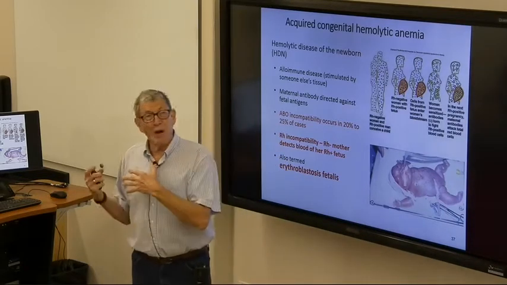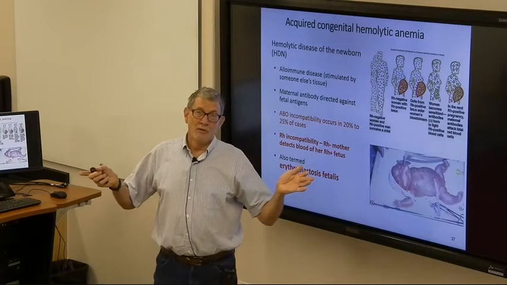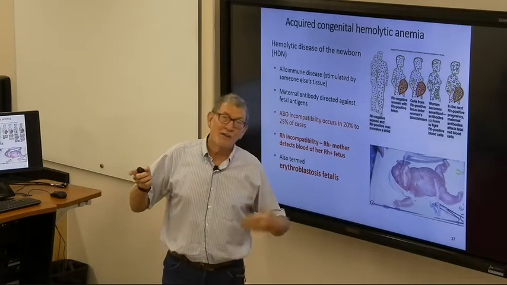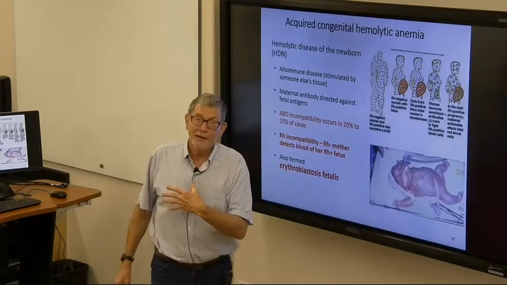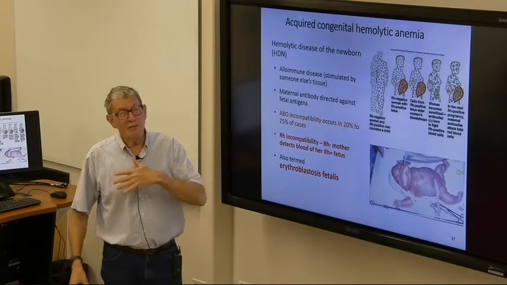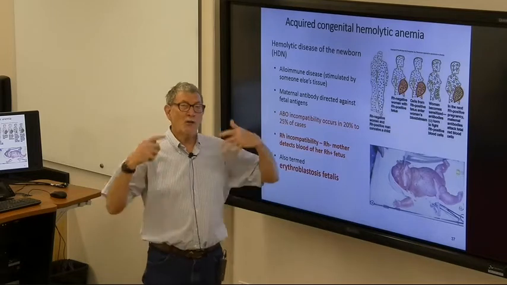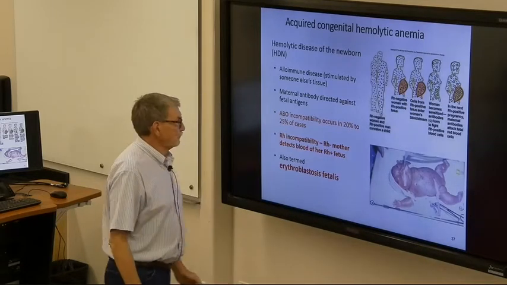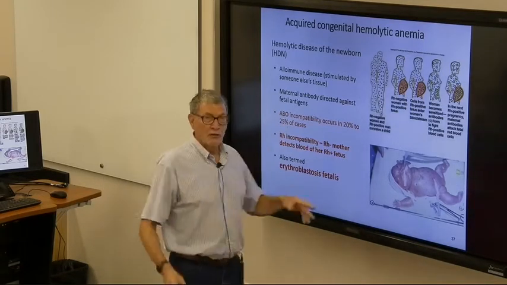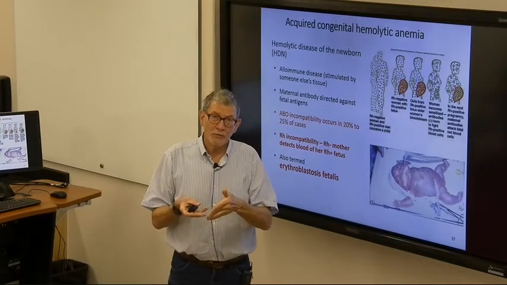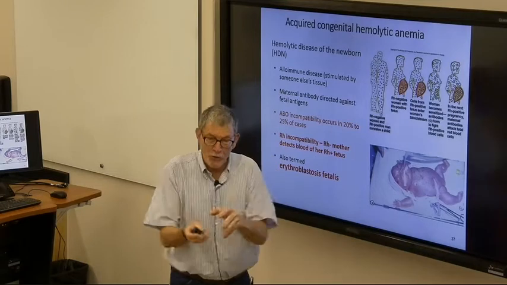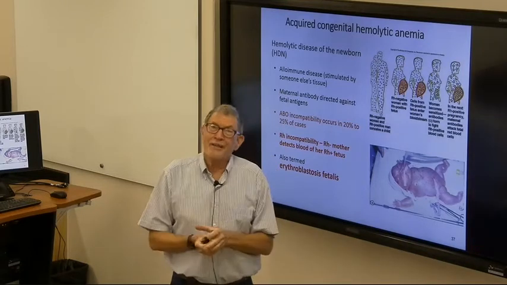If she's Rh positive, everything is cool. The baby can be Rh positive or negative. It doesn't matter. It doesn't have something that she doesn't have. But if she's Rh negative and it has the Rh factor, she'll fight against it. And what happens is her immune system will attack these red blood cells and cause them to agglutinate. They'll all stick together.